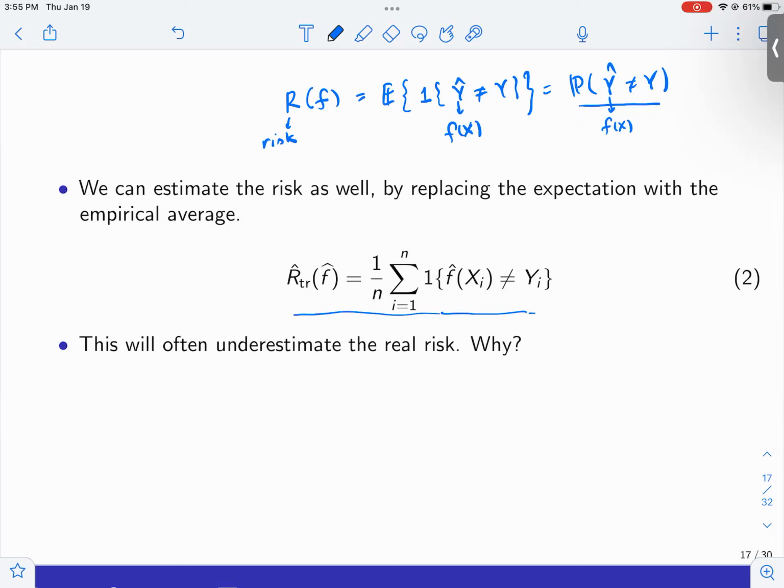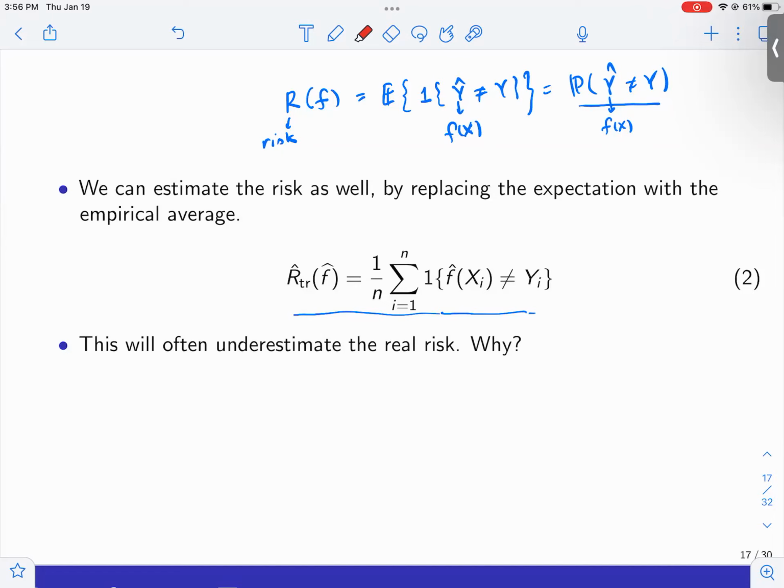It's like P hat of F hat of x not equal to y. I'm going to hide this step because it would be confusing, but you can estimate the joint distribution and use it to calculate this risk, and that would be the training error. That's also another way of doing it.